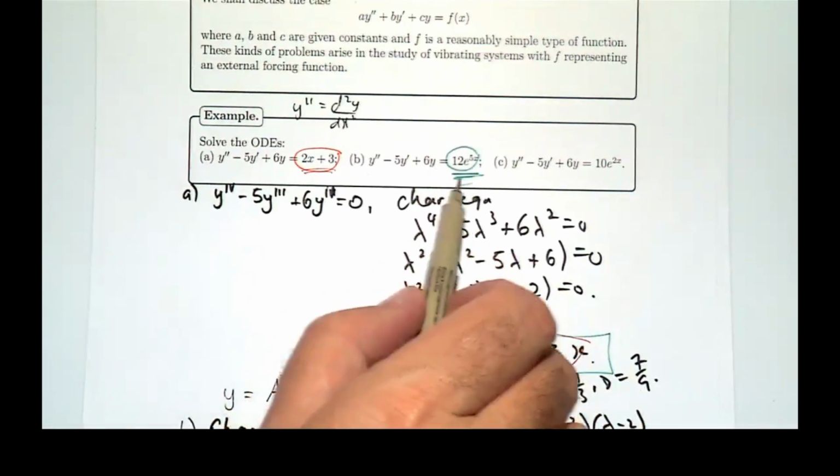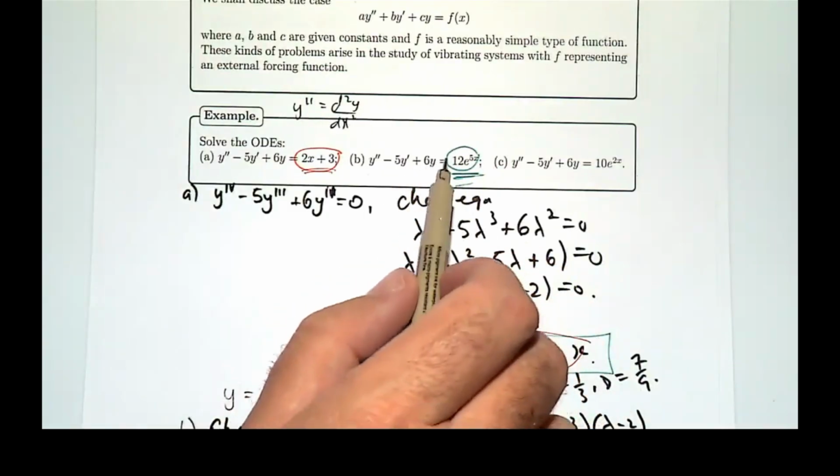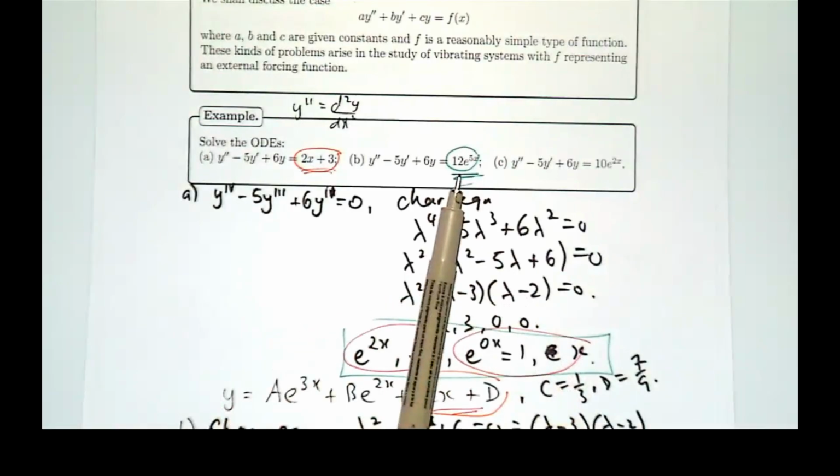So what's the derivative of this? If I differentiate it with respect to x, what do I get? 60 times e to the whatever, right? So in theory, I could do that and then take away 5 times 12e to the 5x.